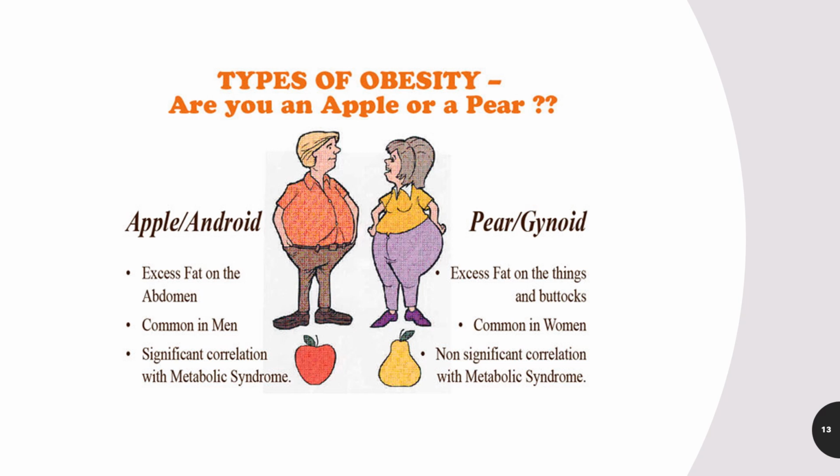But the real horror story comes with the android shape or the apple shape. Typically, people who have a lot of fat around the abdomen, this fat just doesn't end around the outer part of your body. It actually encompasses organs inside your stomach tract, and it sort of encloses your organs with fat.